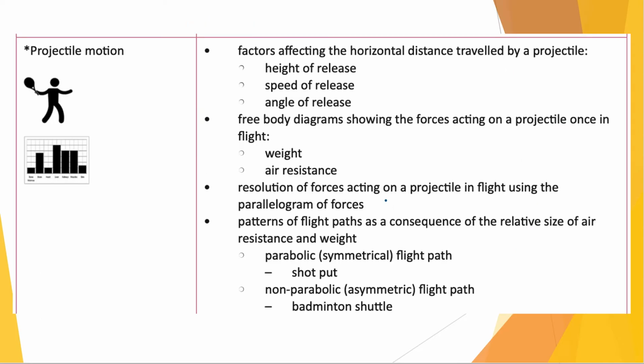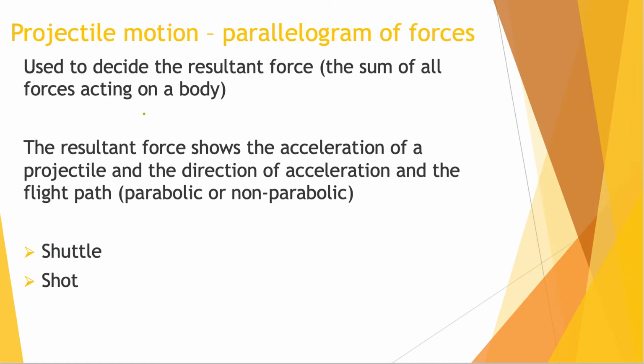Now we can use the next bit to help us to decide that, and that is where we're going to look at this resolution of forces acting on a projectile in flight using a parallelogram of forces diagram. Now honestly, that sounds more difficult than it is. So we use this parallelogram of forces diagram to decide what the resultant force is that's acting on the body.